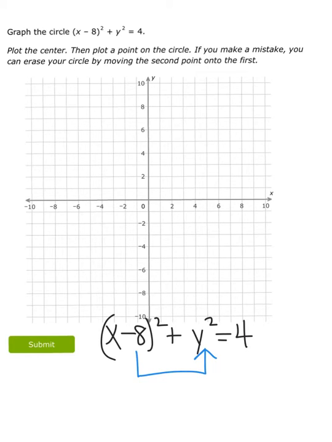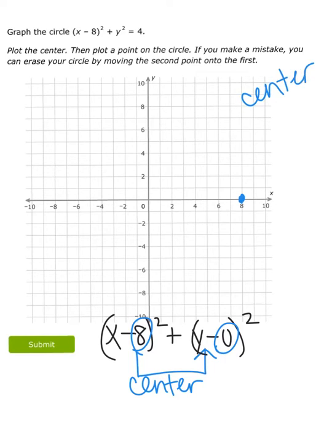Also remember that if I just have a y squared by itself, that means my y coordinate is at 0. So my center would have to be at 8, 0. Let's go ahead and plot that, 8, 0.